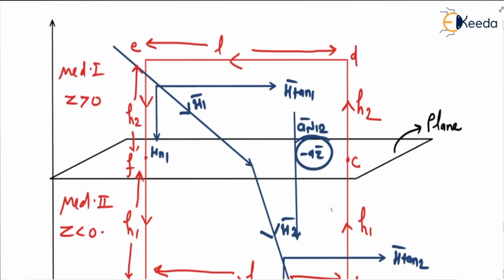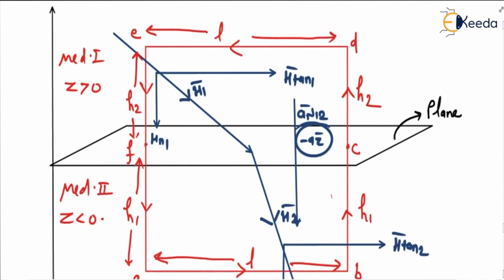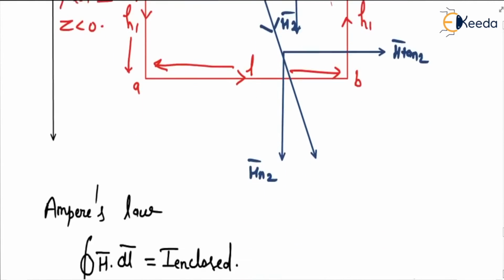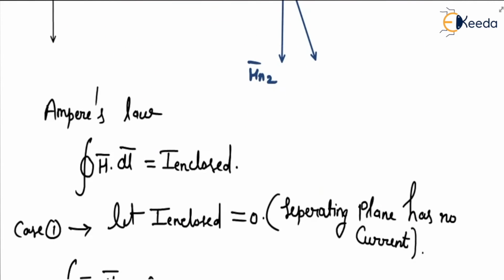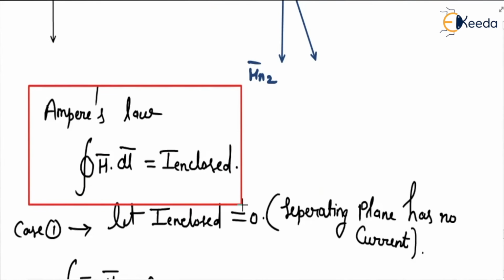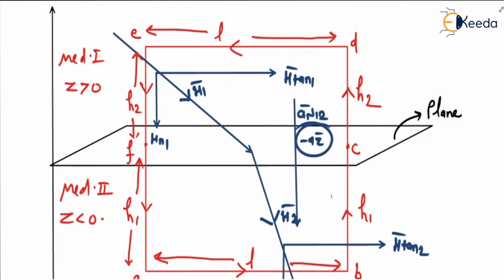Now we want to calculate the relationship between the tangential components. To do this, we will use Ampere's law. Ampere's law says that for a closed path, the circulation of H vector is equal to I enclosed.